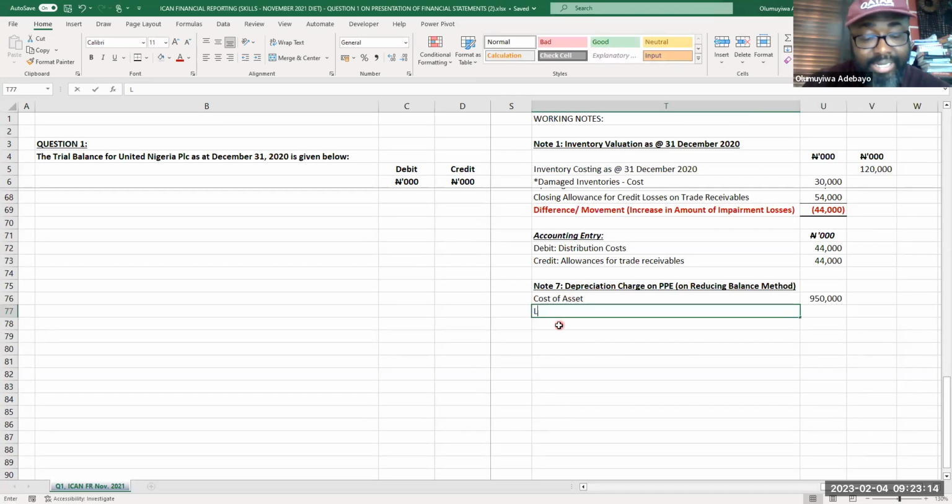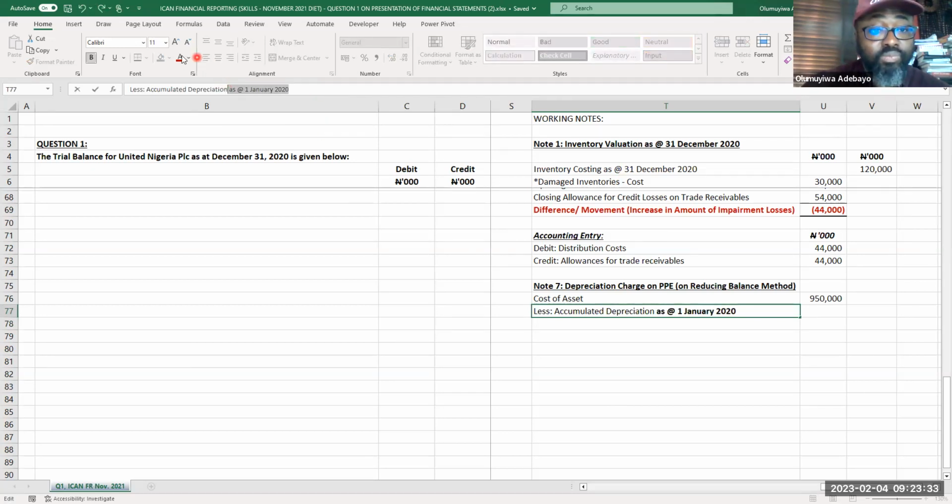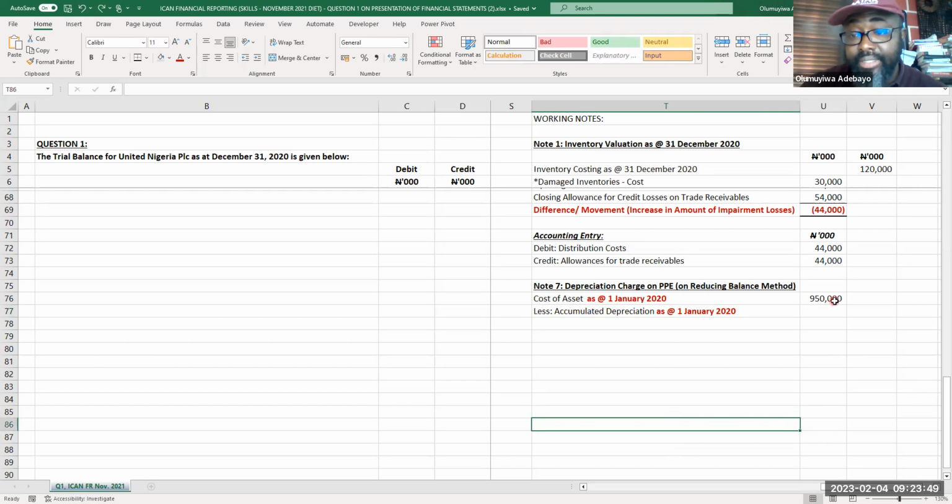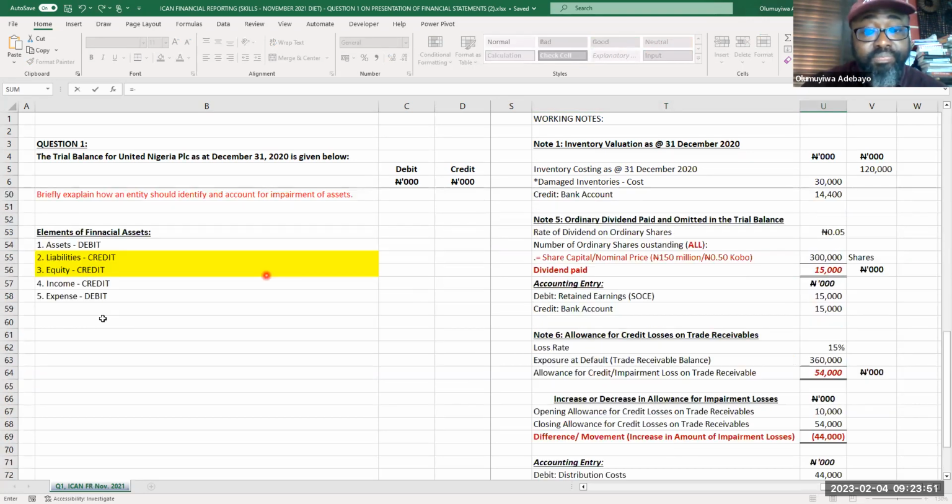Now, because it's reducing balance, we need to deduct the accumulated depreciation as at 1st of January 2020. Remember, this cost is also as at 1st of January 2020. Therefore, I deduct this.